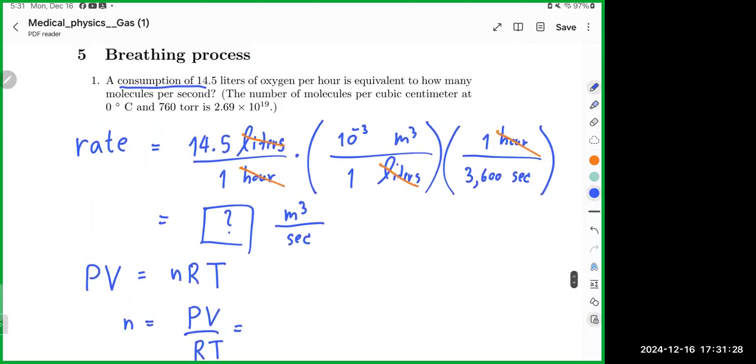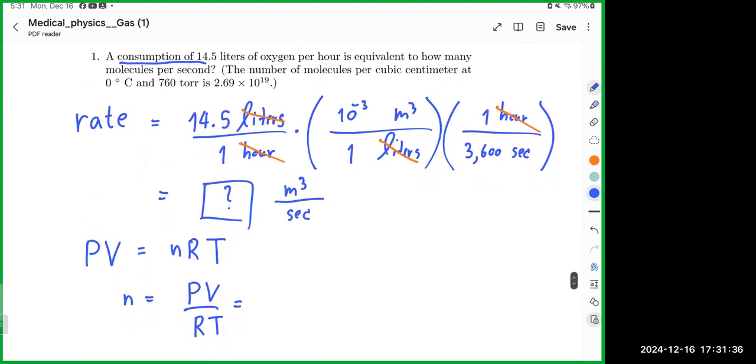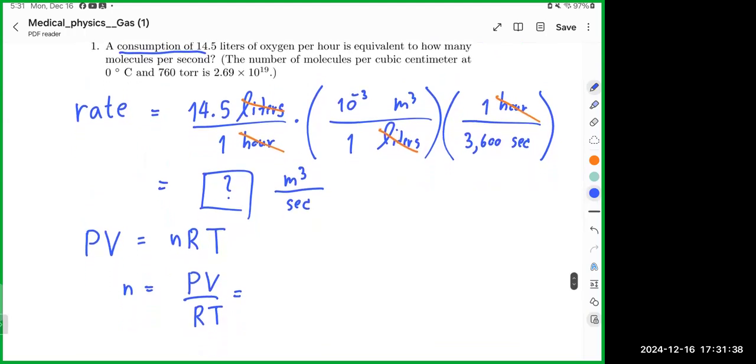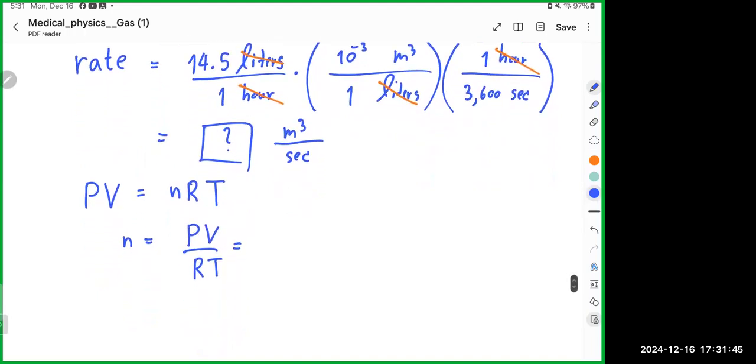And because this doesn't tell you anything about the pressure, I assume that it is at atmospheric pressure, 760 torr, which can be converted into Newton per square meter.